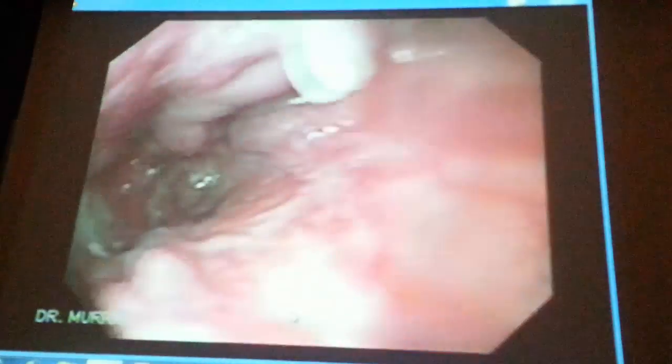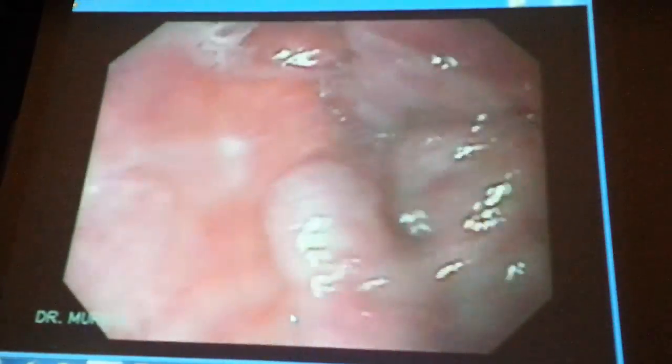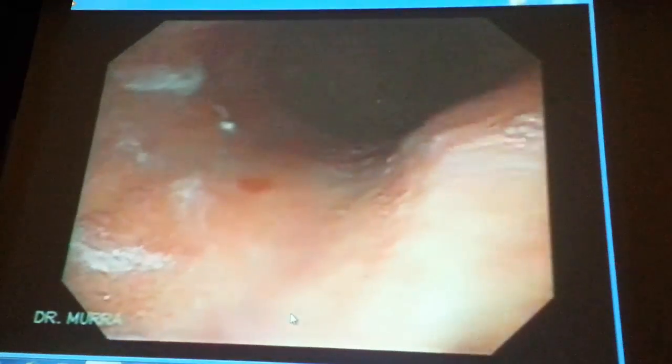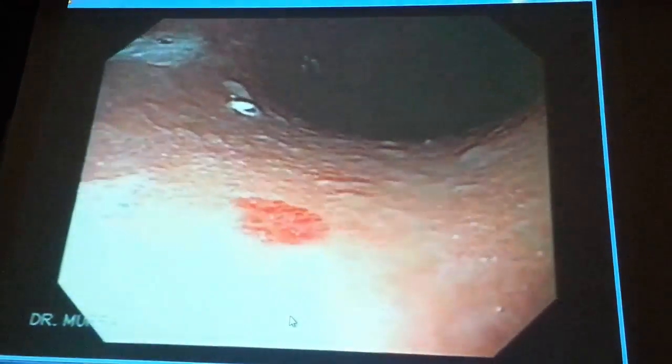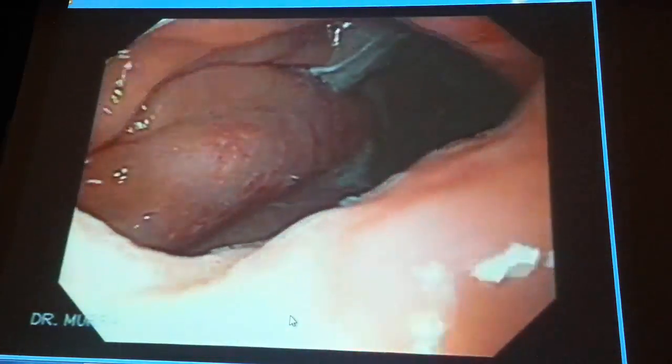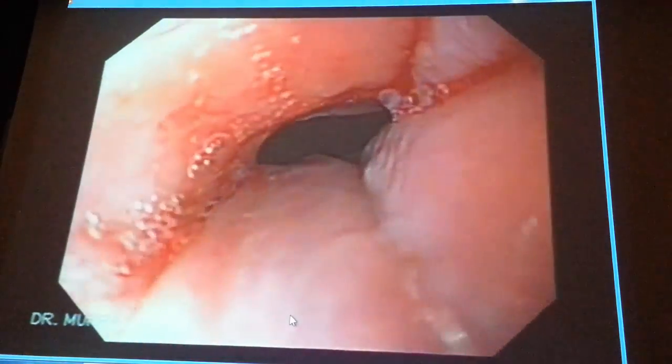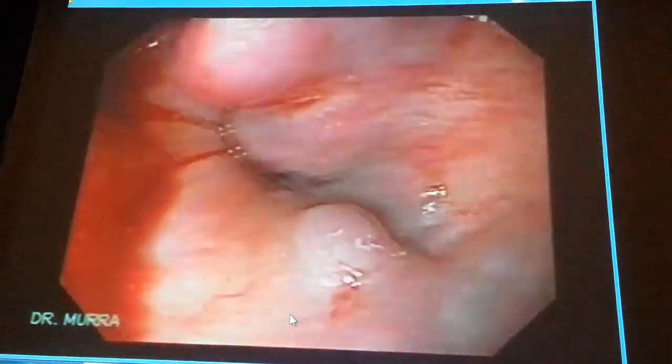down towards the stomach within the esophagus until they reach the gastroesophageal junction, then they will pull back again. As they go back, maybe the edge of the endoscope hit the ulcer. What would happen? The bleeding starts, you see.